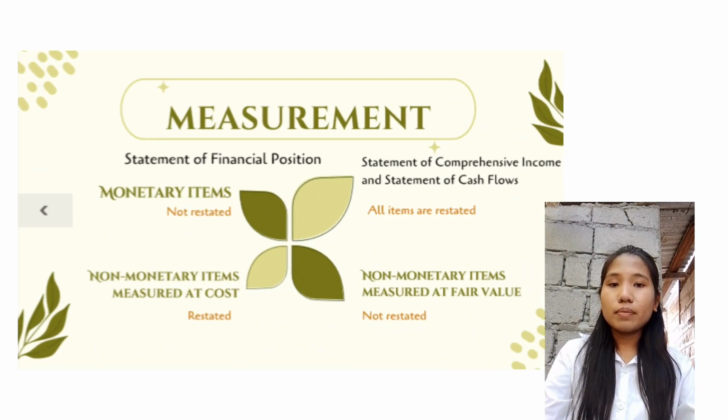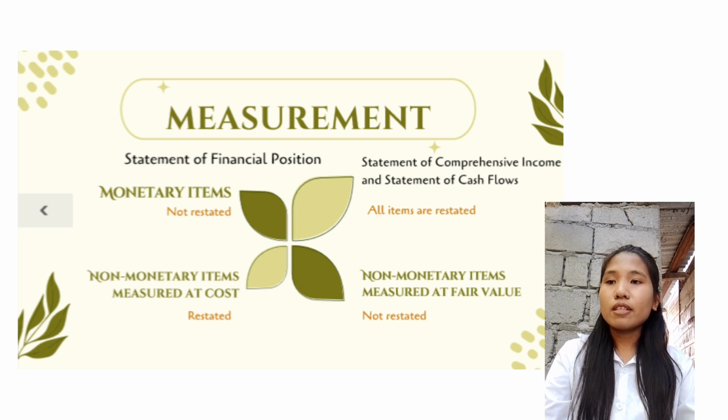The next one is the measurement. In PAS 29, the financial statement, whether based on historical costs or current costs, shall be stated in terms of the measuring unit current at the end of the reporting period. So the procedure for restatement, first, is to classify all the items in the financial statements into monetary and non-monetary. Take note that only non-monetary items are restated when preparing historical cost financial statements.